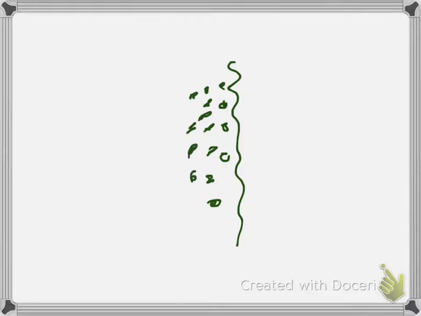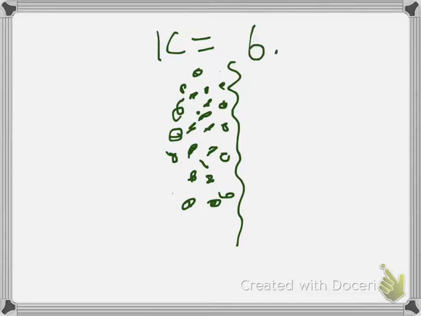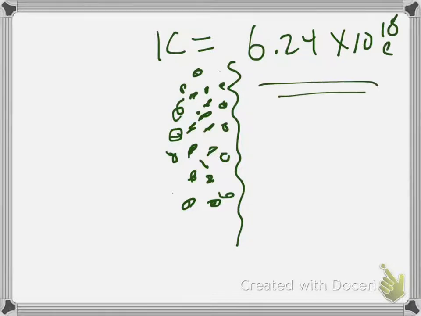When we have this movement, or this Coulomb, so this would be a whole bunch of electrons moving here. So this, say, this is 1 Coulomb, which is equal to 6.24 times 10 to the 18 electrons.